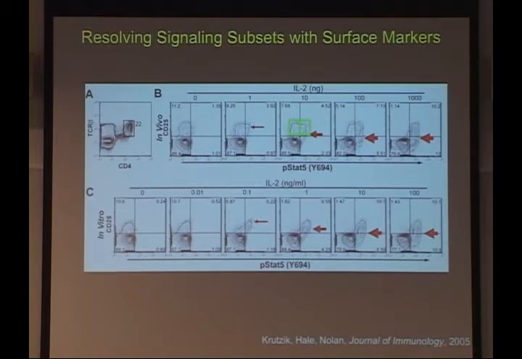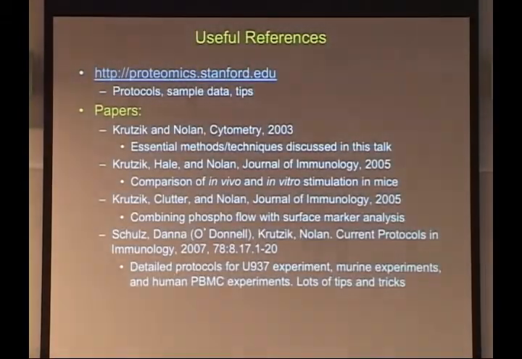But overall, this is really the fine nuance that you can get out of using this phosphoflow technique, using surface markers in combination with the phosphoproteins to really measure and get at those fine subsets that you wouldn't see if you just took the whole bulk. You would see a little bit moving out. Once you add that extra surface marker and reveal what cells those are, it gives you a much cleaner response and really lets you dial in to those different phenotypes and subsets.